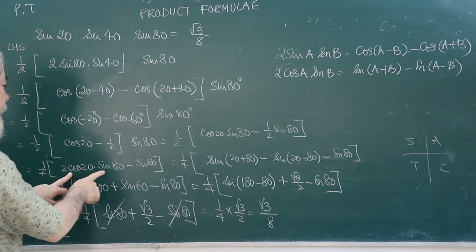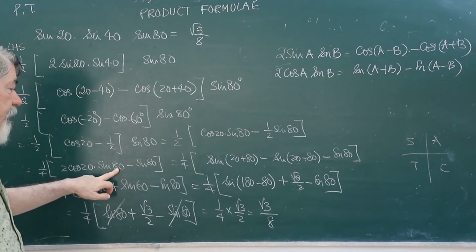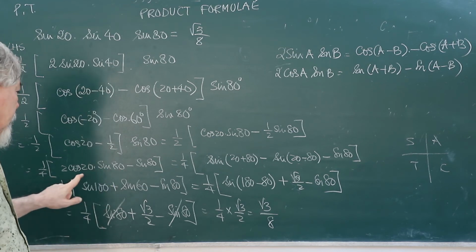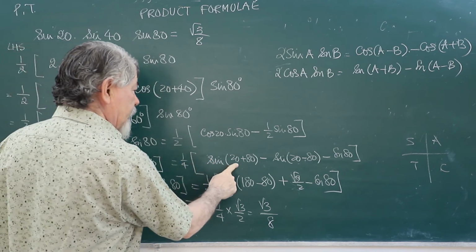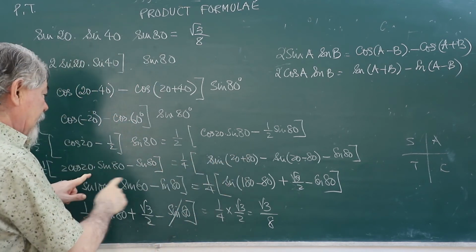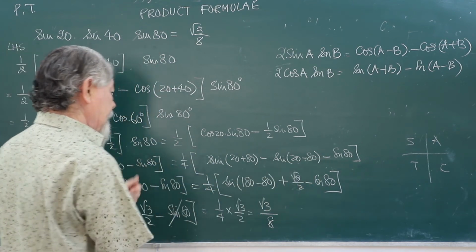So 2 cos 20 sine 80: instead of A I have 20, instead of B I have 80. So sine (20 plus 80) minus sine (20 minus 80), and minus sine 80.